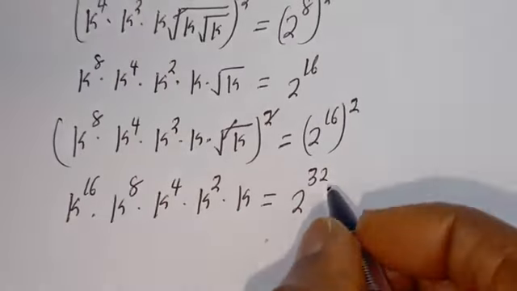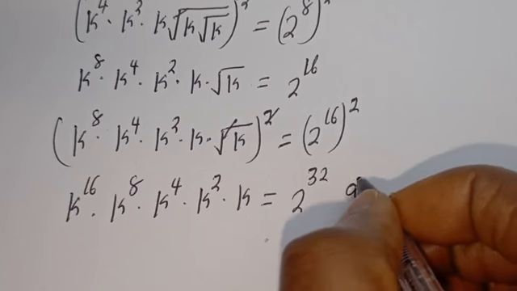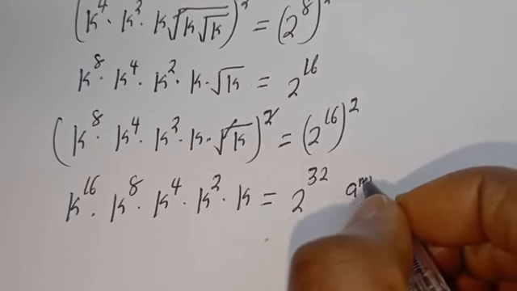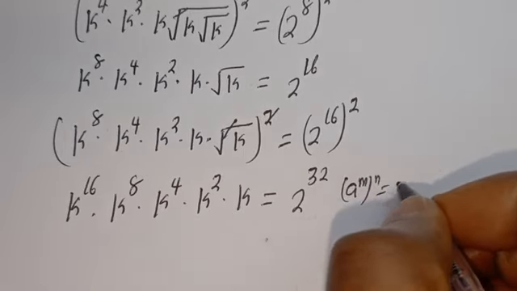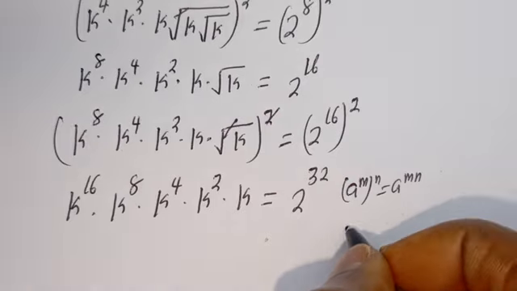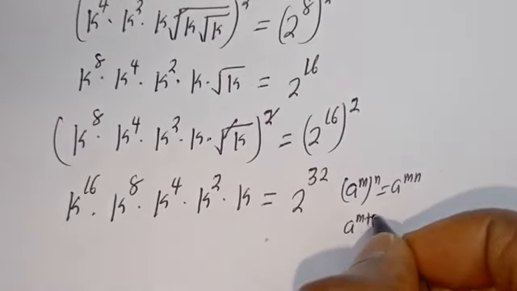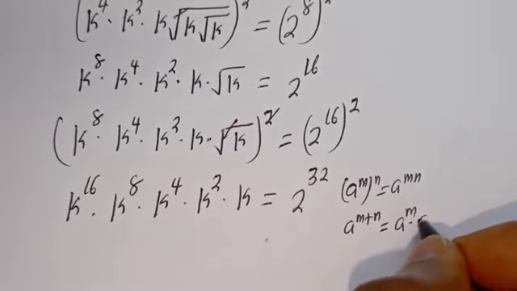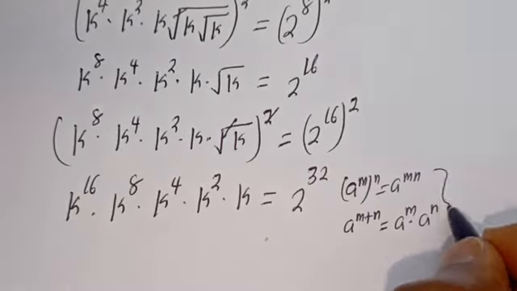Then here, take note of this: if you have a to the power of m to the power of n, that is equal to a to the power of mn. And if you have a to the power of m plus n, that is equal to a to the power of m multiplied by a to the power of n.